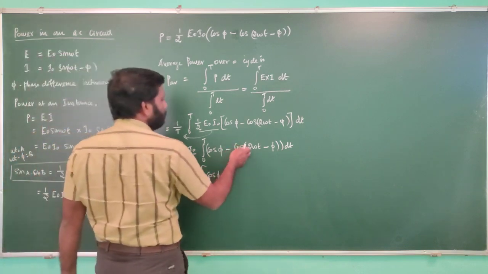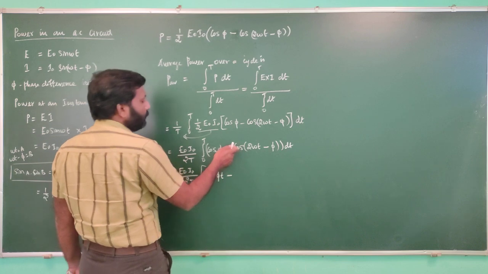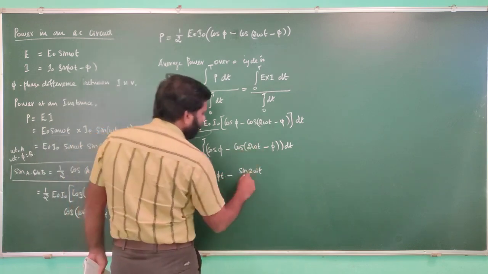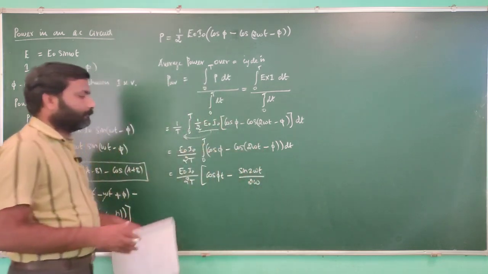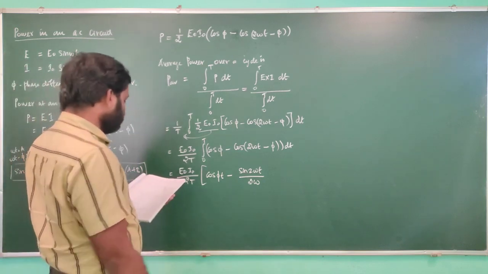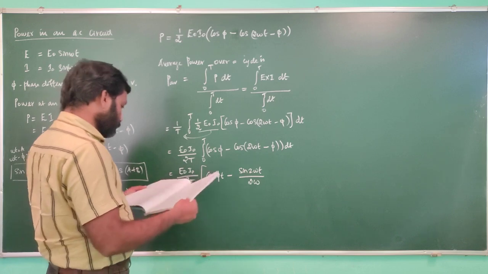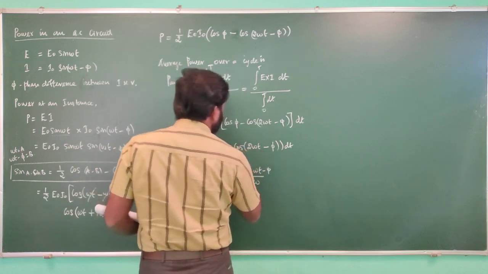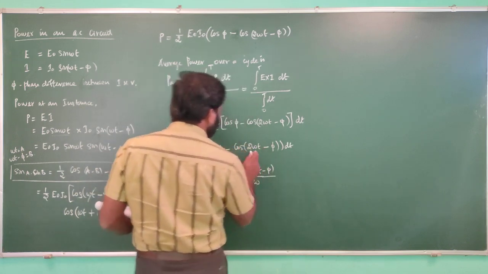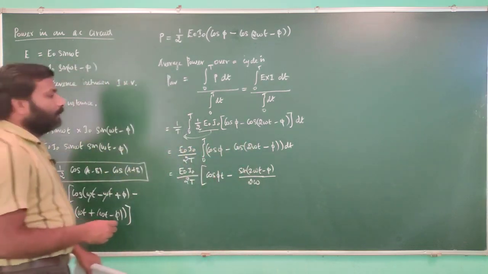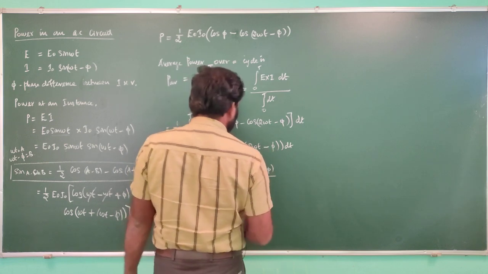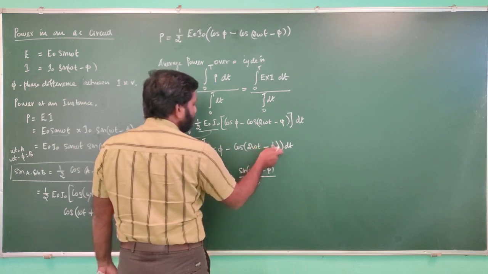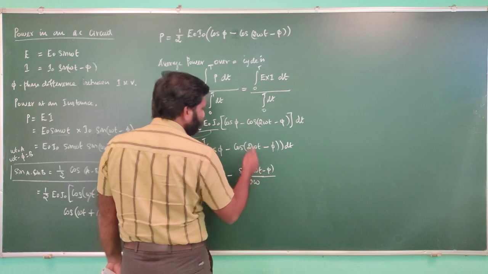The integral of cos 2 omega t minus pi becomes sin 2 omega t minus pi, and the integration of the 2 omega t term gives a factor of 1 by 2 omega; the pi term is a constant and contributes nothing to the derivative. So cos 2 omega t minus pi becomes sin 2 omega t minus pi divided by 2 omega.